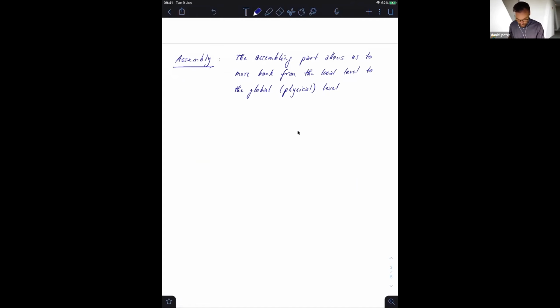So let's define the location matrix. This is just convenient for the assembly stage to do that, and we just call it LM for location matrix.